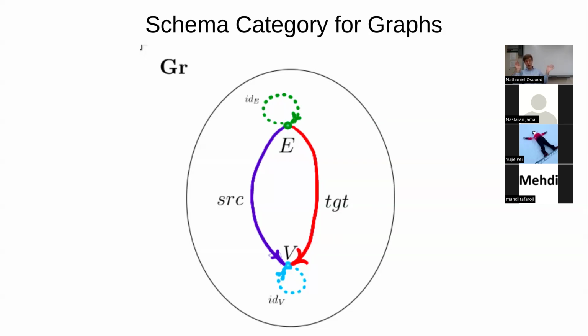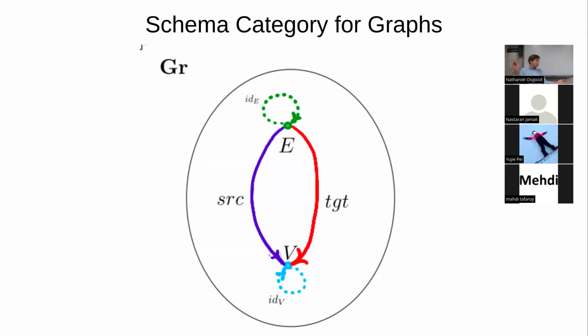Here V is an object. And we're going to have a morphism called, suggestively, source and another called target, from E to V. That mirrors the idea that each edge is going to have a source vertex and a target vertex. So edges here are taken as directed.